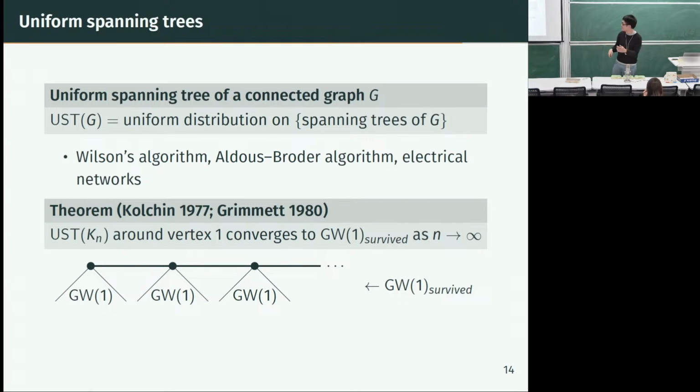To give you a sense of how this looks, it is a one-way infinite path rooted at this vertex, with a whole bunch of Galton-Watson branching processes with parameter 1 hanging off each vertex of it.